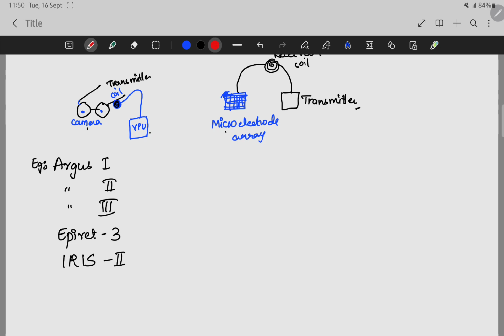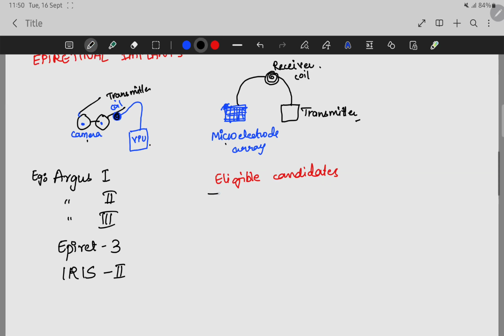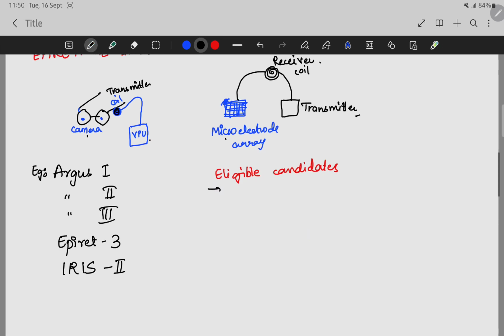So the eligible candidates are the ones who should have an intact inner retinal layer. Only the outer retinal layers degeneration should be there.